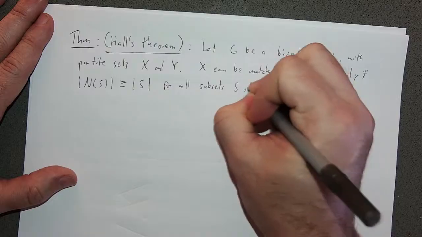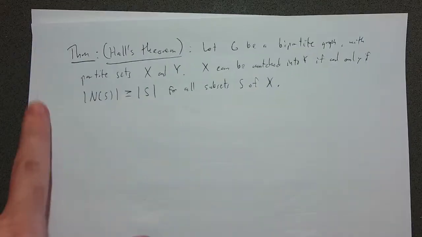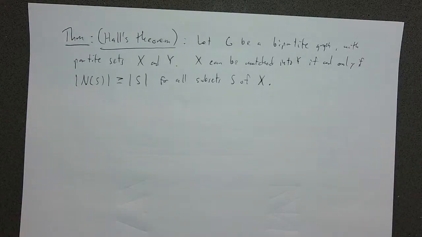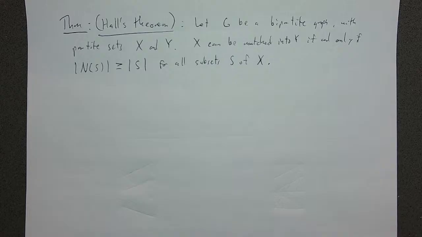Quick reminder, what is the neighborhood? How did we define the neighborhood of a subset of vertices? The neighborhood of a subset of vertices was defined to be the union of all of the open neighborhoods of single vertices in that vertex subset.